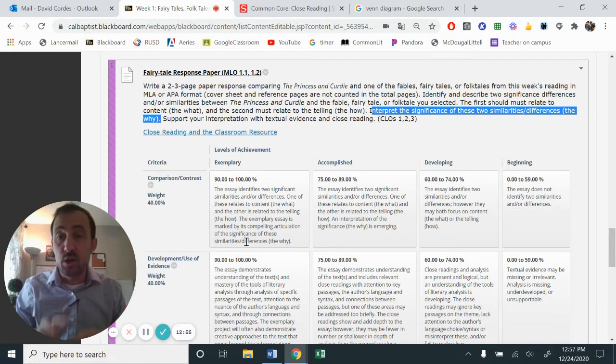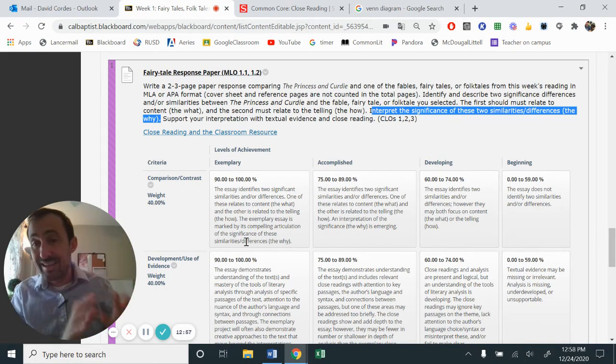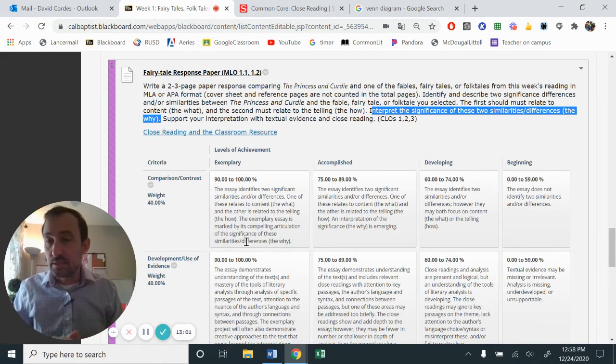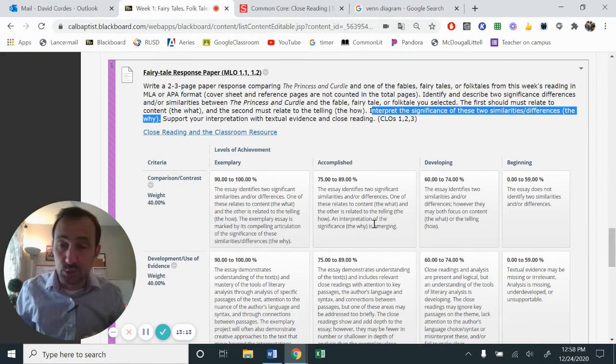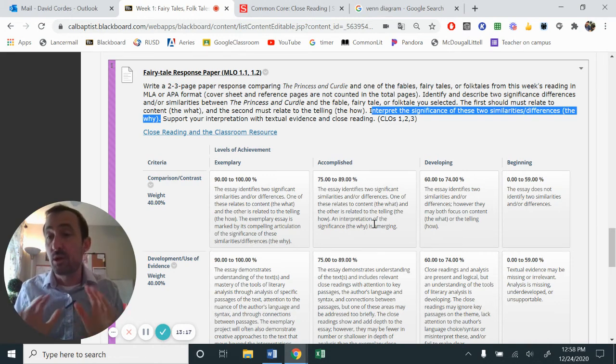For example, "The Princess and Curdie offers readers insights into the malicious works of a character." Reynolds identifies... you want to begin this way, this is an academic paper. You are the scholar in this academic realm. Your personal writing will come when you do your reflections and your weekly journals, those types of things. But here you are comparing and contrasting in an academic fashion.